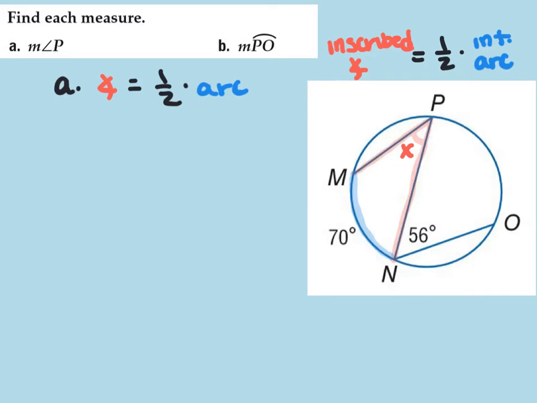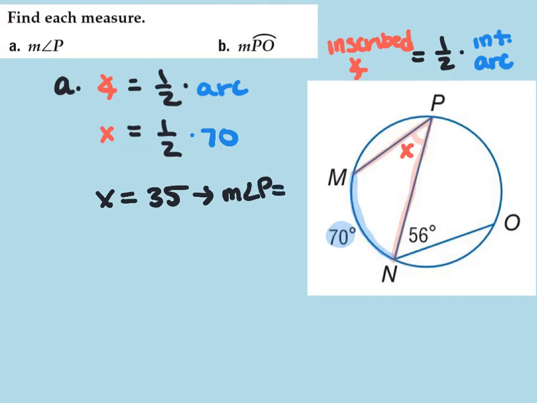X equals 1/2 times the arc that goes with it, which is this value of 70. So X equals 1/2 times 70. Now if I plug this in my calculator, it gives me X equals 35, which means that the measure of angle P equals 35 degrees.